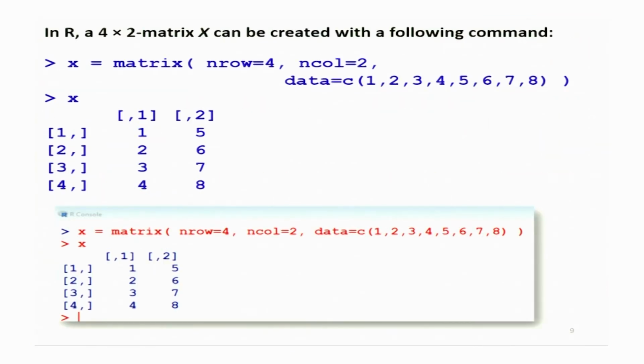Now let us consider the same matrix, and learn some more operations on this matrix X, which has 4 rows and 2 columns with the data 1 to 8. This is a column wise arrangement.